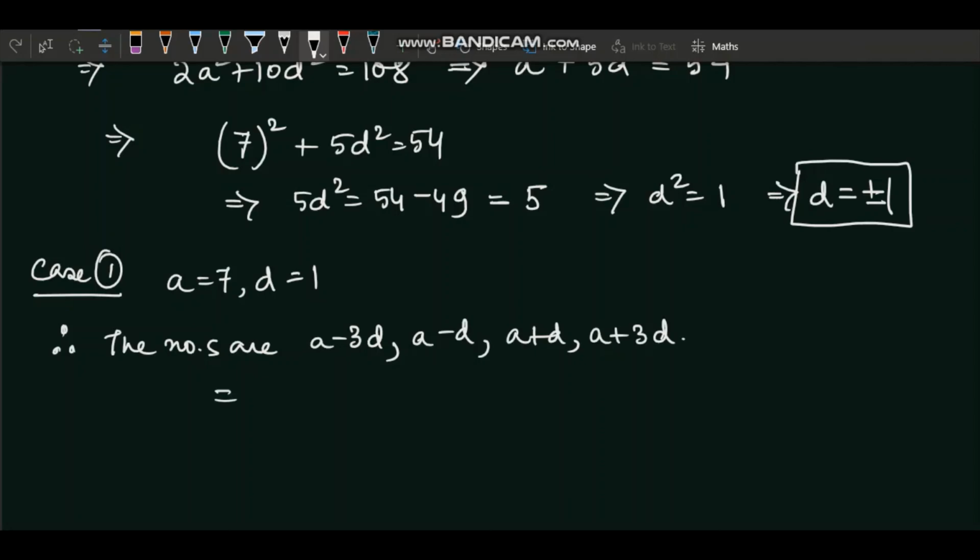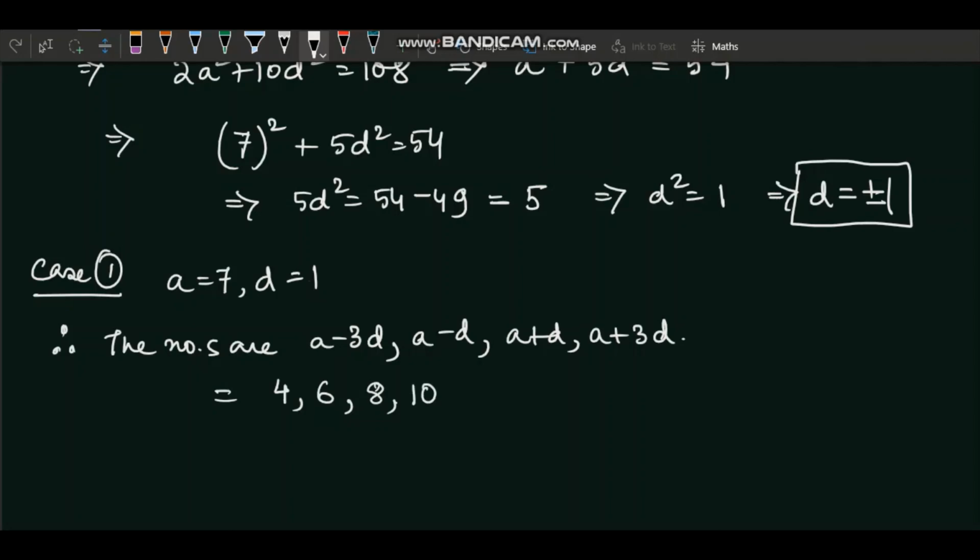So what do we get? A minus 3d, that means 7 minus 3, so we have 4. A minus d, that means 7 minus 1, so this gives us 6. A plus d, 7 plus 1, this gives us 8, and a plus 3d, that means 7 plus 3, this gives us 10.